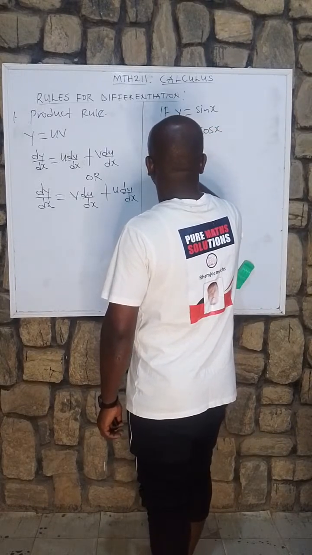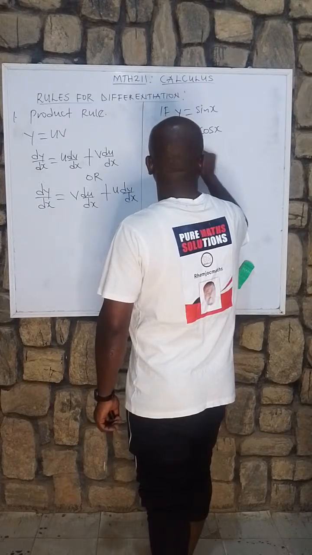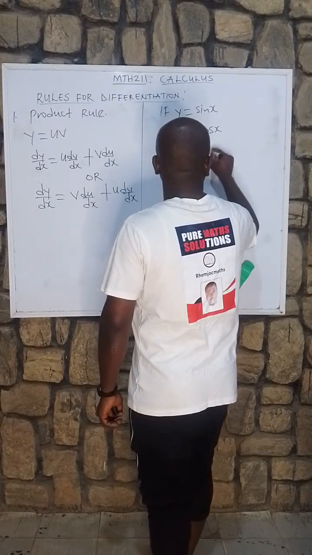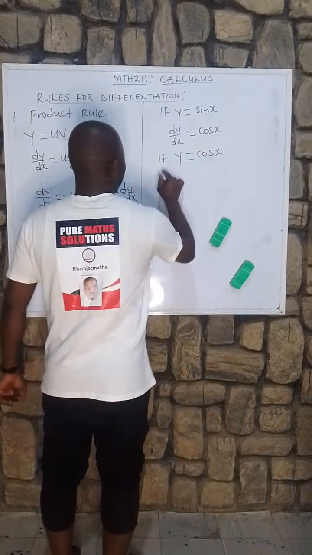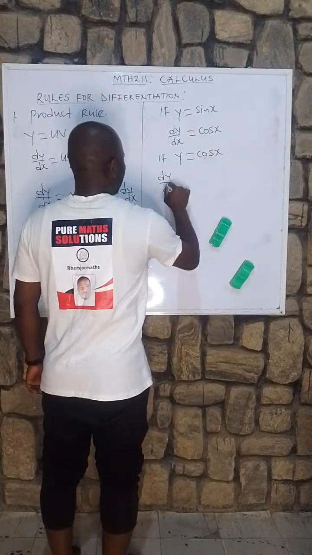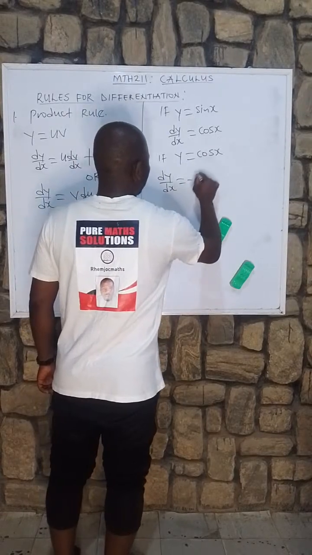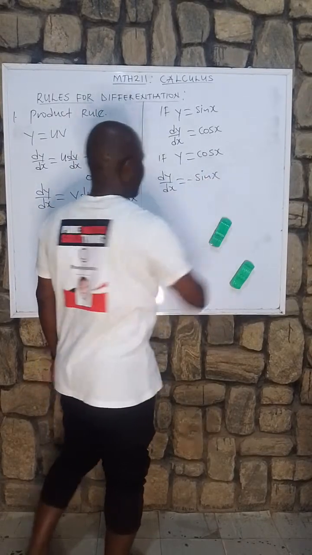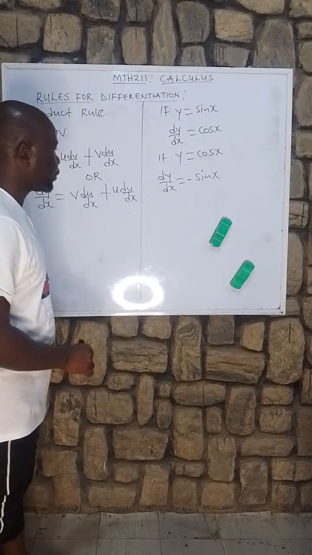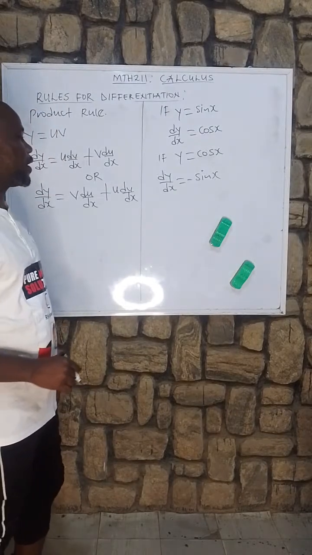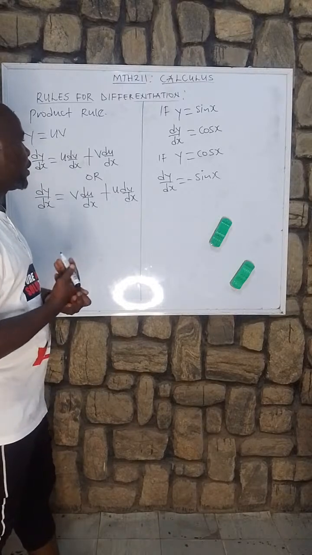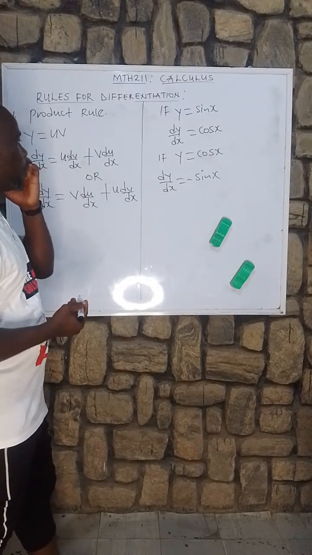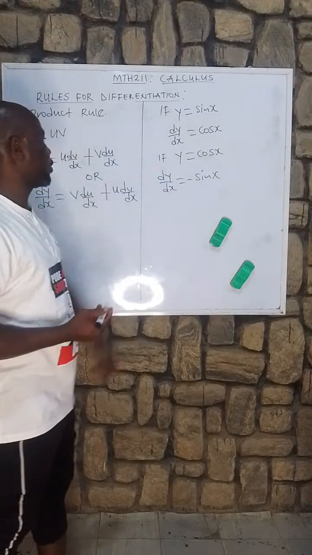If y equals cos x, the derivative dy over dx is minus sin x. Then tan x differentiates to sec squared x. Take note of this.